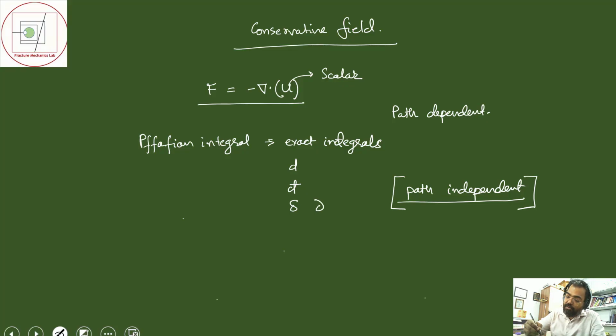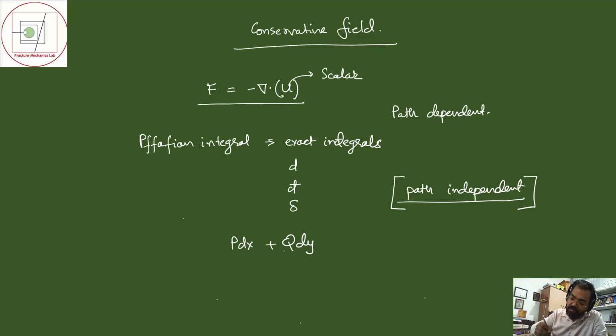So these kind of integrals are written in this form, p dx plus q dy, and the integration is taken over a path, say from a to b, and it's a line integration. It is not an area integration. And so say that the value of this is g. So that means which is equal to integration of dg from a to b, which is equal to this. So basically dg is equal to this.